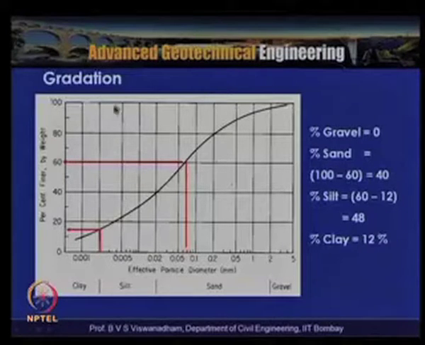So, in this curve, for the given example, you have the typical grain size distribution, and the coarser particles are on this side, that is gravel, sand, silt and clay.